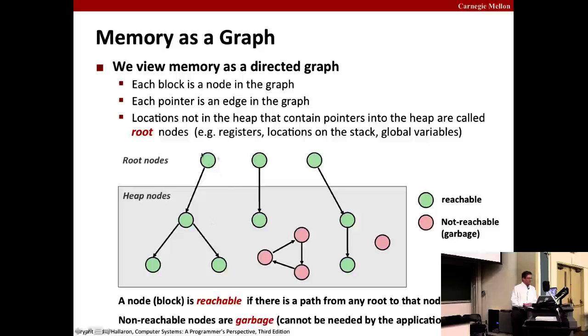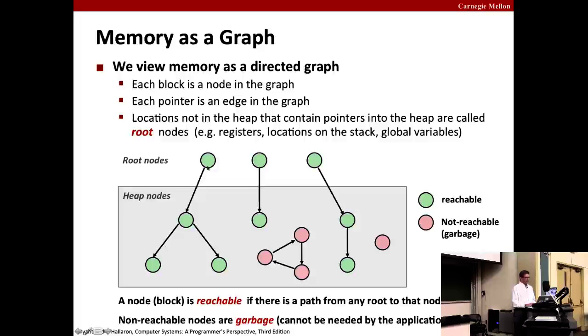Then there are special nodes called root nodes that contain pointers into the heap but are not part of the heap. For example, pointers that are stored on the stack or in registers point to memory locations in the heap, but they're outside of the heap, and we call those root nodes. Nothing points to them, or at least if something does, we don't care about it. We're only concerned about characterizing nodes that correspond to memory in the heap.